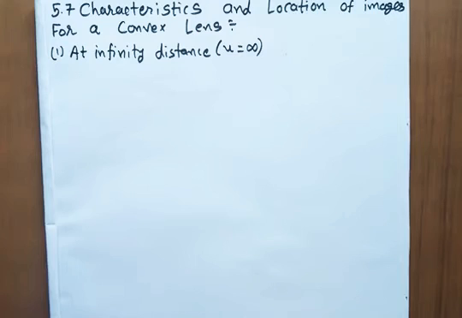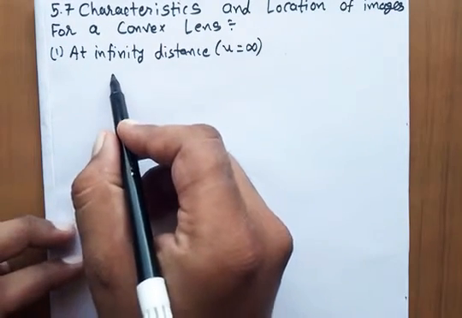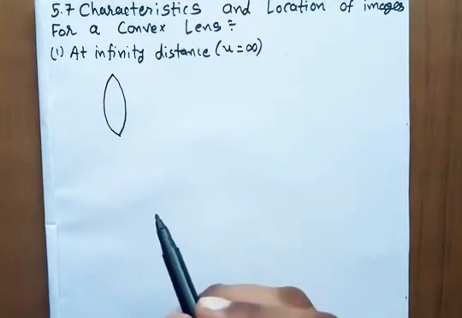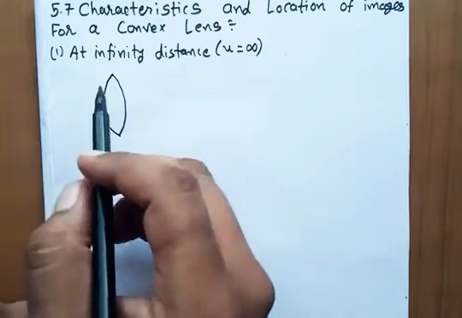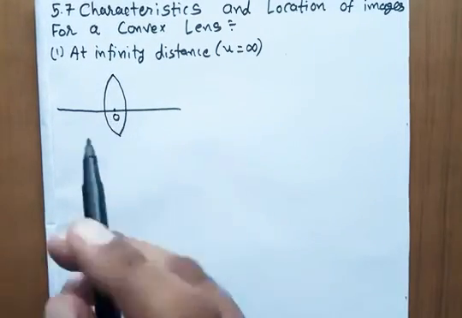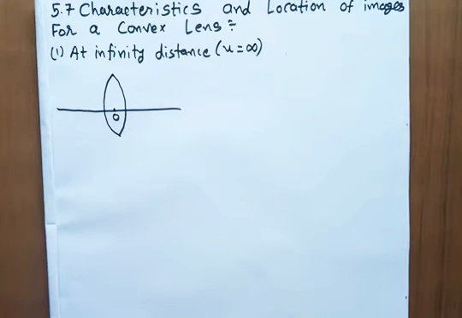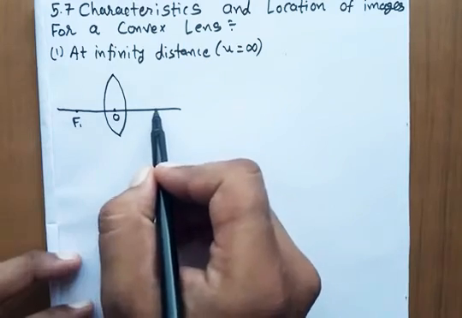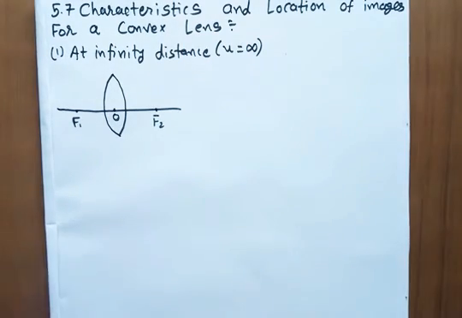Here I am drawing a convex lens. This is my principal axis, and O is the optical center. A lens has two principal focus points.